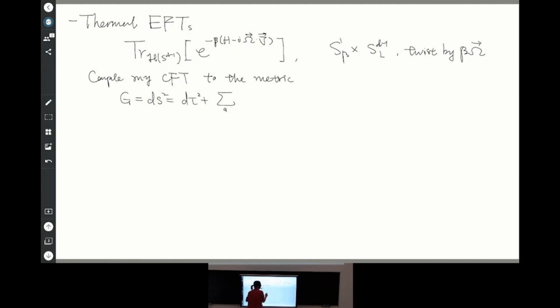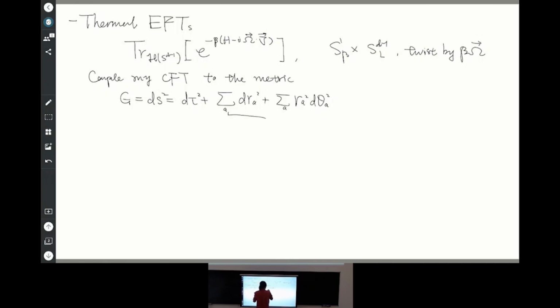Here I'm expanding the metric on the sphere using the radial coordinate and angular coordinate. So basically what I'm doing here is I want to decompose my d-dimensional Euclidean space into a set of non-intersecting planes, and all these r_a and theta_a are the polar coordinates on these non-intersecting planes.